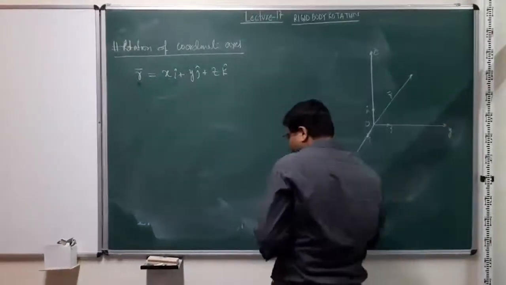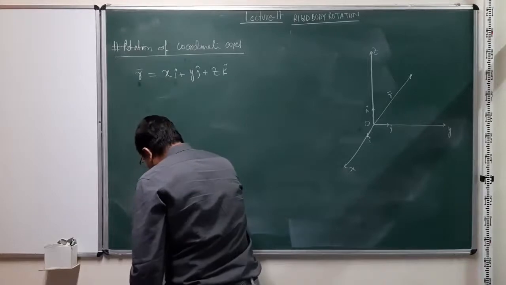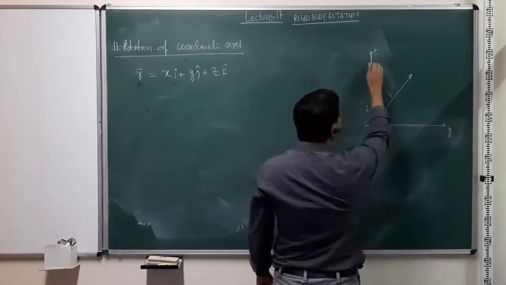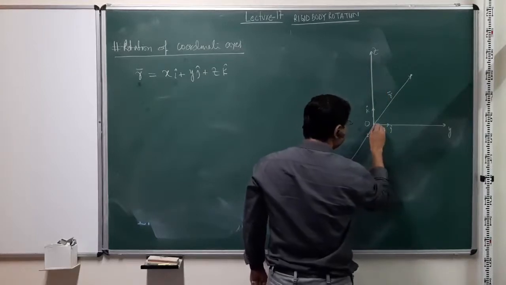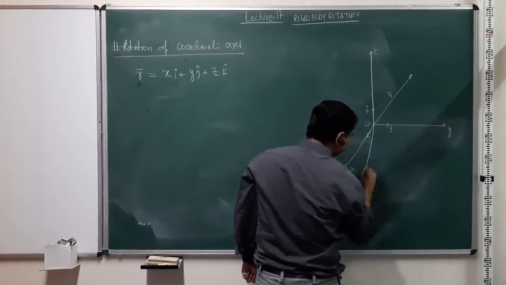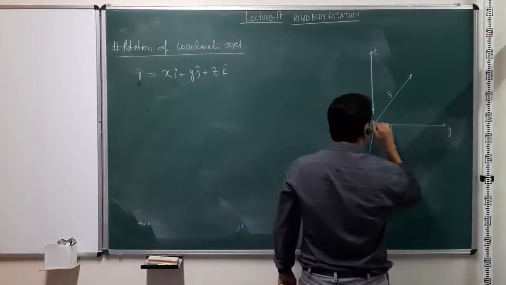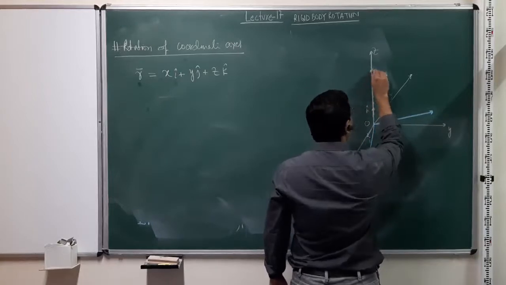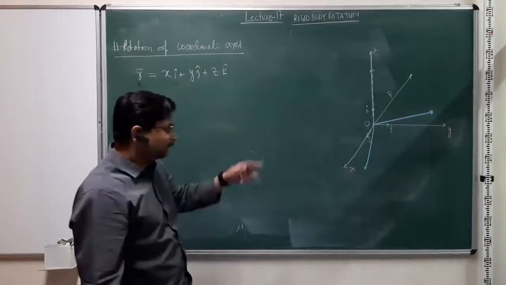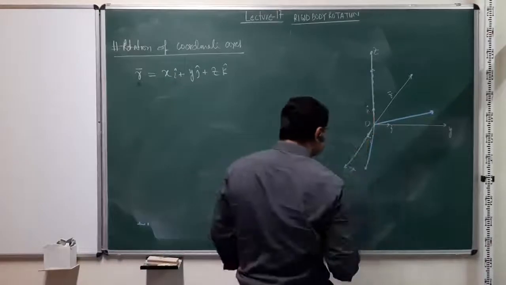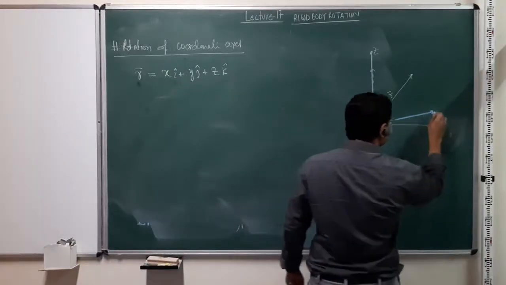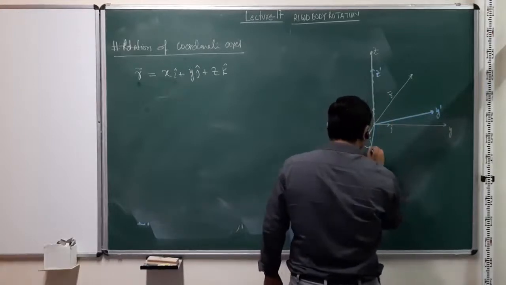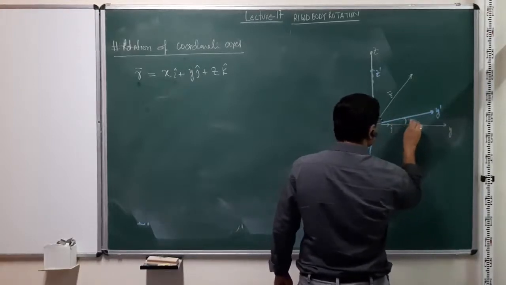Okay, so let's draw this one. For simplicity again, I am only considering rotation about z-axis, so in the xy plane, and these are still orthonormal to each other. Since the rotation is about z-axis, in both cases the z-axis remains the same and the origin is the same, and this is then my x prime, y prime, and z prime, which is the same as z in this case, and the rotation is by an angle theta.